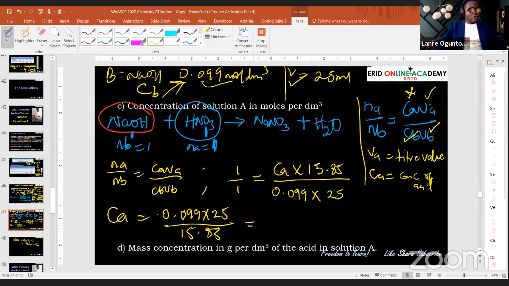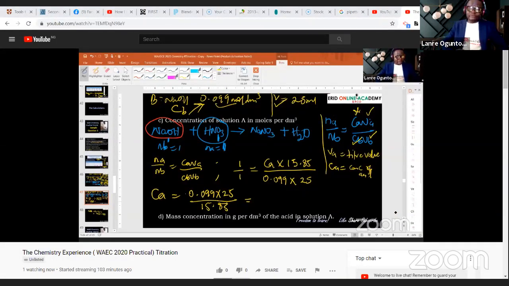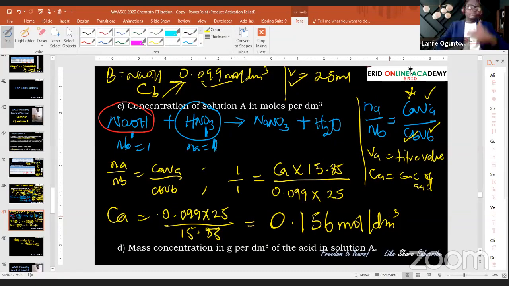What do we get? 0.156 moles per dm cube of acid. So you can see how we moved from a solution of known concentration, which is your base, to a solution of acid whose concentration we don't know, but via calculation we're able to calculate the concentration of the acid.